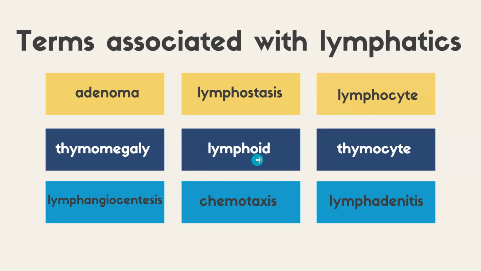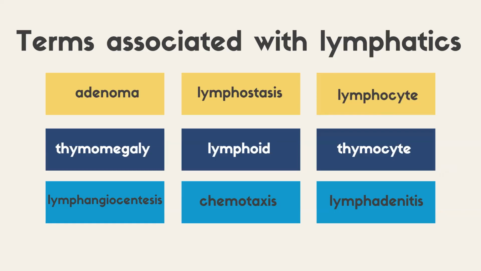Lymphoid. Oid is our suffix for resembling. Lymph, we said, is our root for lymph. So resembling lymph tissue would be lymphoid. The thymocyte, that's going to be a thymus cell. In this case, it'll be a precursor to a T cell. We'll talk about what those are.